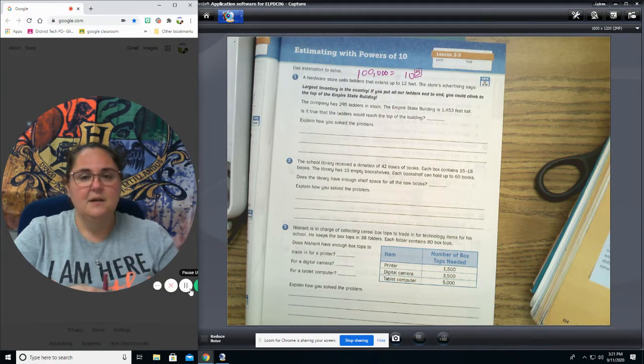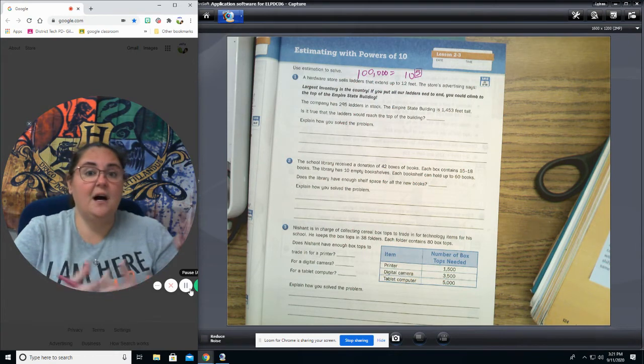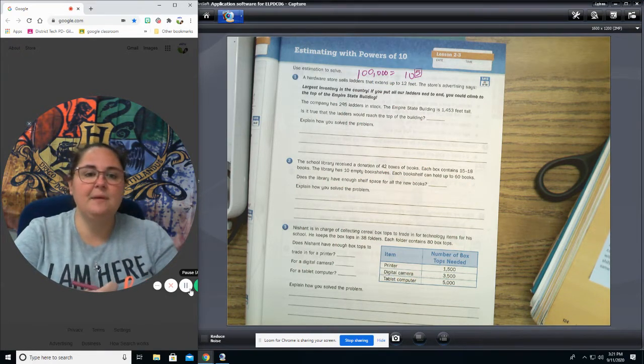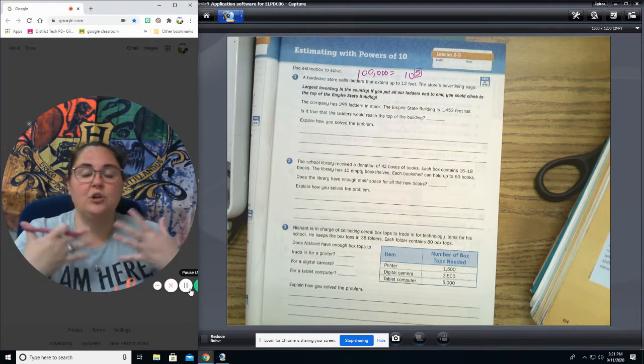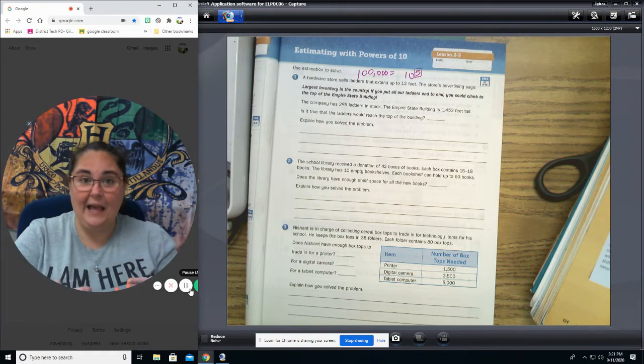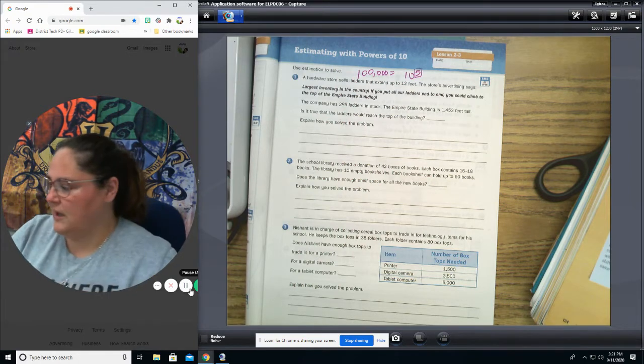Probably not. What they did is they used an estimate. They took a guess on how many tickets they sold, how many people walked through the gate, and guessed on how many people were there. That is basically what we're doing. An estimation does not have to be perfect. It needs to be close. So if I am making an estimate with you or you're making an estimate with me and it's not the exact same, that's okay.